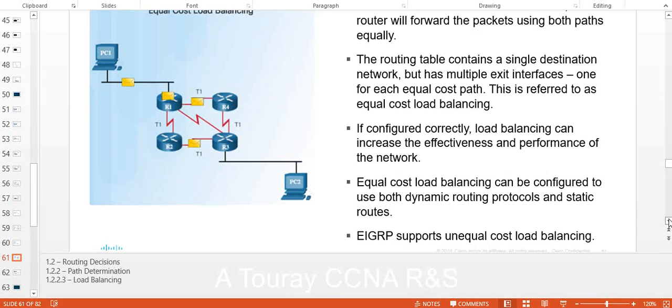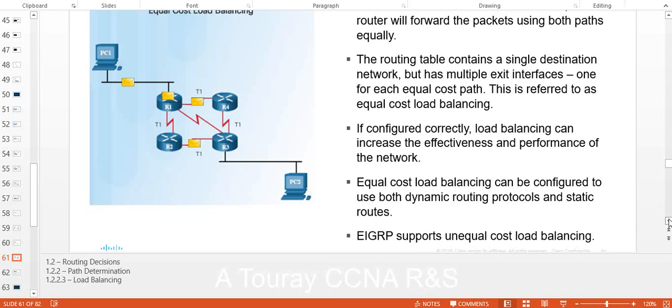For instance, if all the paths to the same destination have the same administrative distance and the same metric, the router would say, okay, I have two ways to go to Westfield, or I have two ways to go to Serekunda. I can go through Westfield, or I can go through Latrikunda P-3, but all of them have equal administrative distance, equal trustworthiness, and equal time consumption.